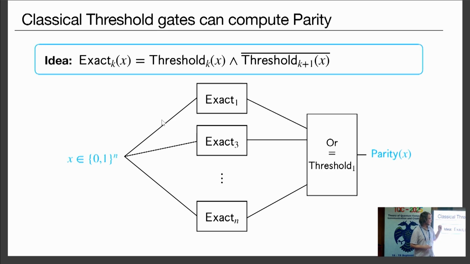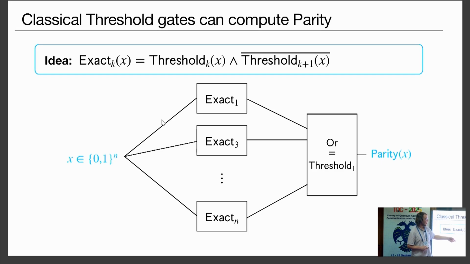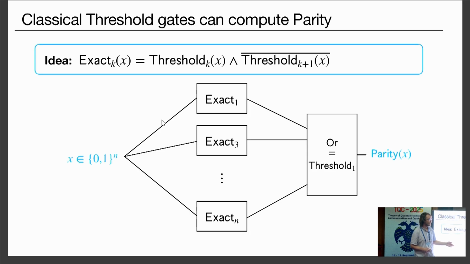We can exactly compute each of these Hamming weights, just check whether the input has Hamming weight 1, 3, and so on for every possible odd Hamming weight, and then take an OR over all of these, and the result will be the parity of the string that we had as input.